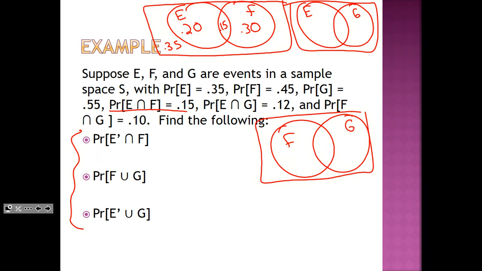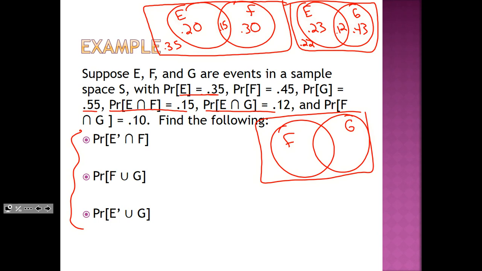So E and G, the intersection of E and G is 0.12, meaning since E is 0.35, that leaves us at 0.23. G is 0.55, so 0.43. Okay, this one we do need what's outside, or we will. So we have 0.55, 0.75, 0.78, 0.22 outside.